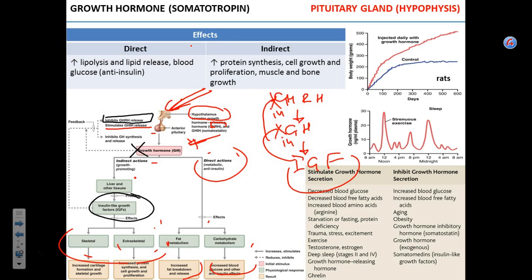Now, this just shows you the gross effects of exogenous growth hormone. That's another set of words that you have to get used to. What is the difference between exogenous and endogenous? Exo versus endo. Endo means inside. Exo means outside.